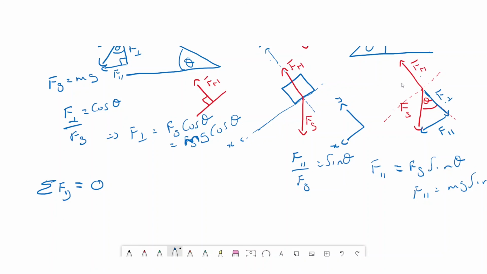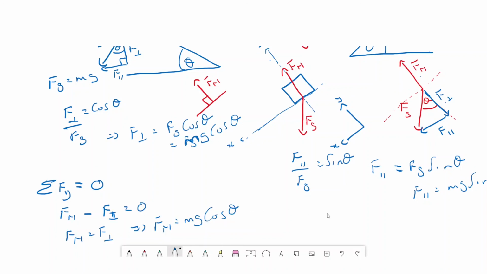So Fn is positive, F perpendicular is negative, and this equals 0, which means my Fn is F perpendicular. Therefore, my normal force is F perpendicular, which is mg cos of theta. If you have values, you can just substitute.